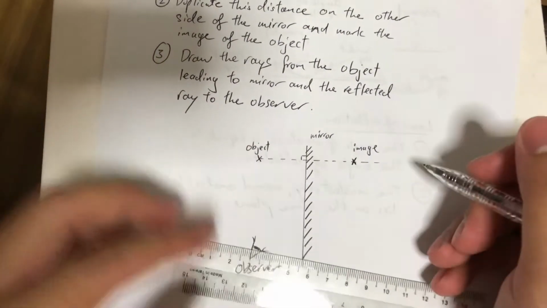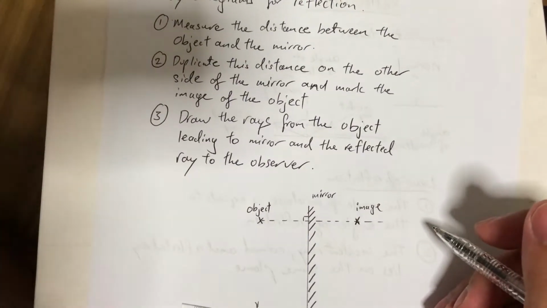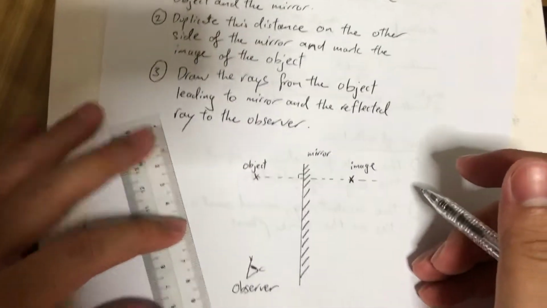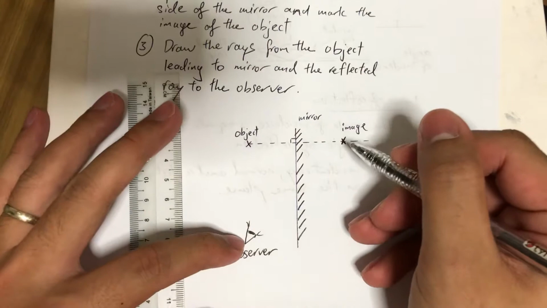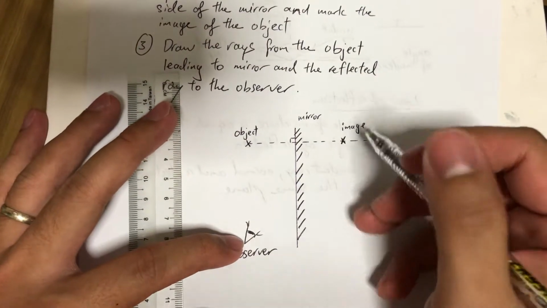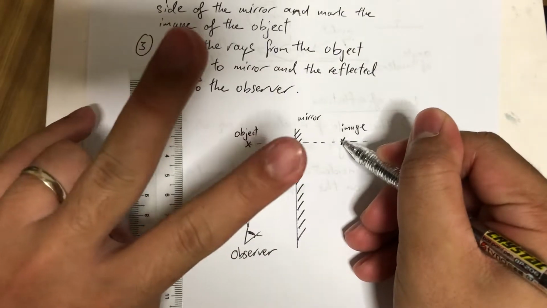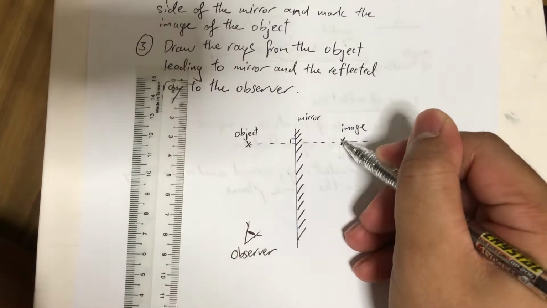So how do I do step number 3 now? Step number 3 is done in a reverse manner. Let's look at how I do it. First, you notice that I draw the eye of the observer here. I am going to draw 2 rays from the image to the observer first.